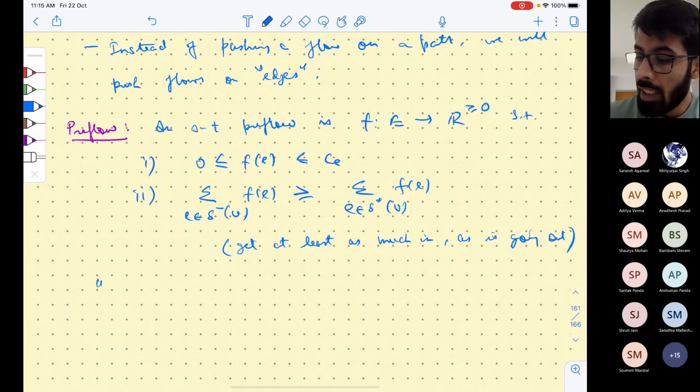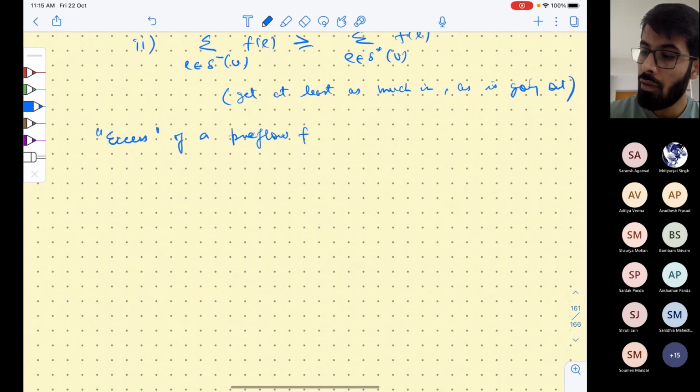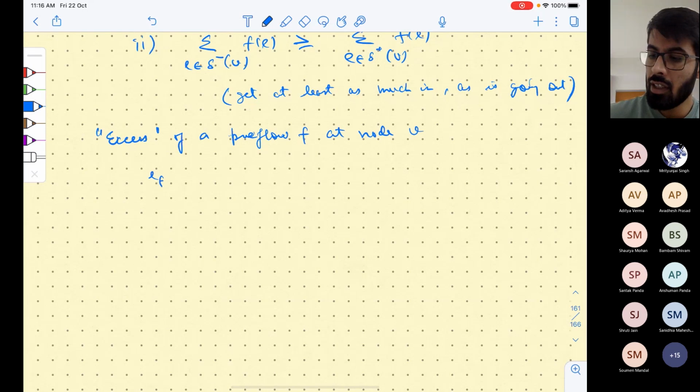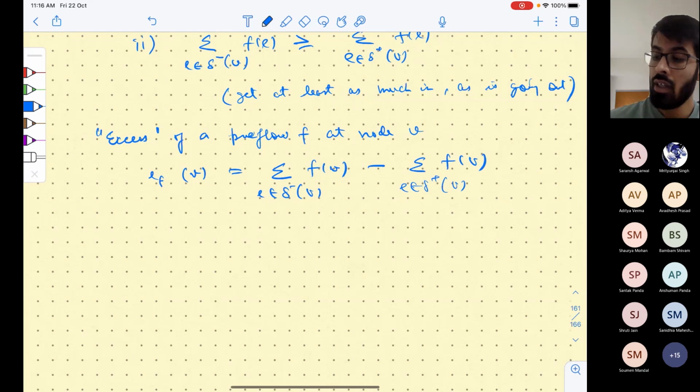So we also define something called the excess of the flow F at node V. How do we define this? This is just the difference of those two quantities. E_F of V is equal to the sum of F of E over E belonging to delta minus of V, minus the sum of F of E over E belonging to delta plus of V. So how much is coming in minus how much is going out.